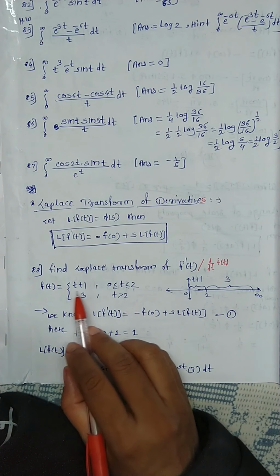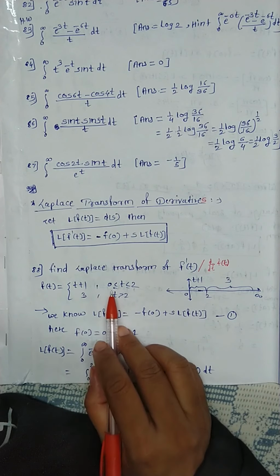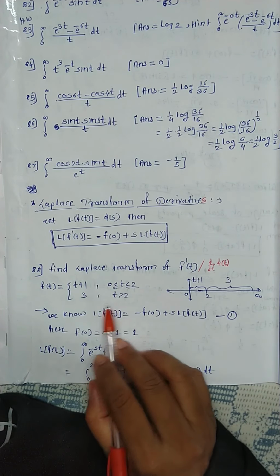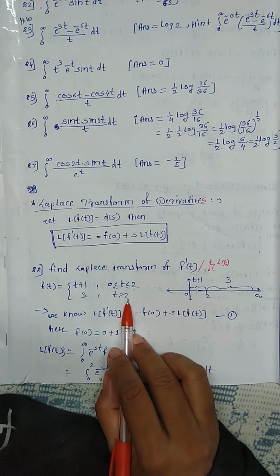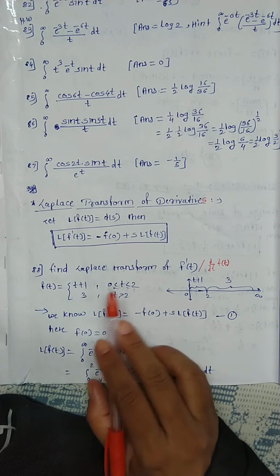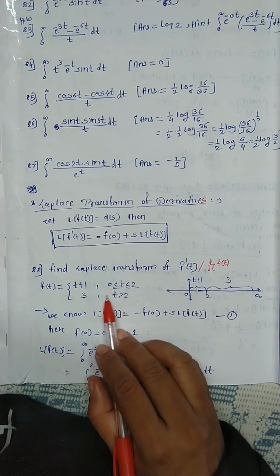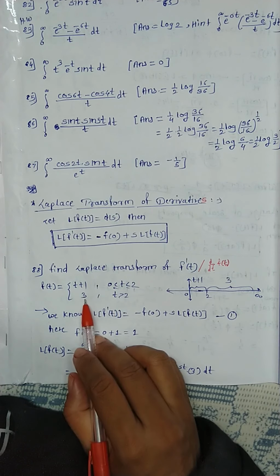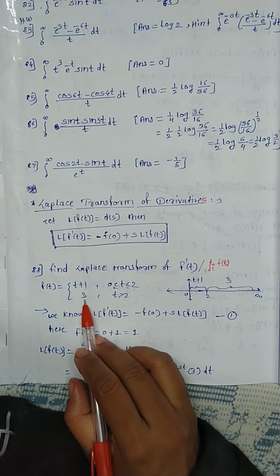That is f of t is t plus 1 between 0 to 2. Function value is t plus 1, and for t greater than 2, means the values which are greater than 2, maybe 3, 4, 5 up to infinity, the upper limit is infinity, lower limit is 0. The value of the function in the second interval is 3.